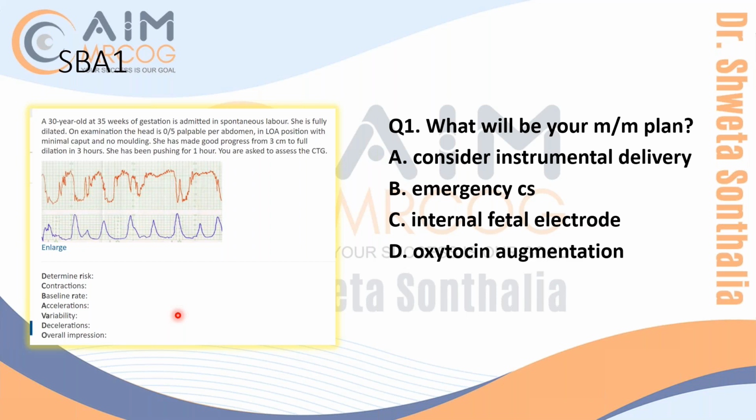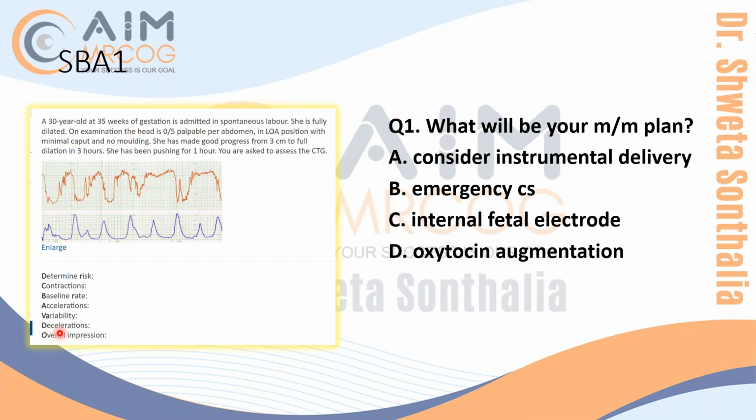Okay, good. And then acceleration, there is no acceleration. Okay. And we are following this contraction baseline. Okay, variability. Variability is normal. Very good. And decelerations are variable in shape because somewhere it is biphasic. Very nice. Means long recovery time in some.